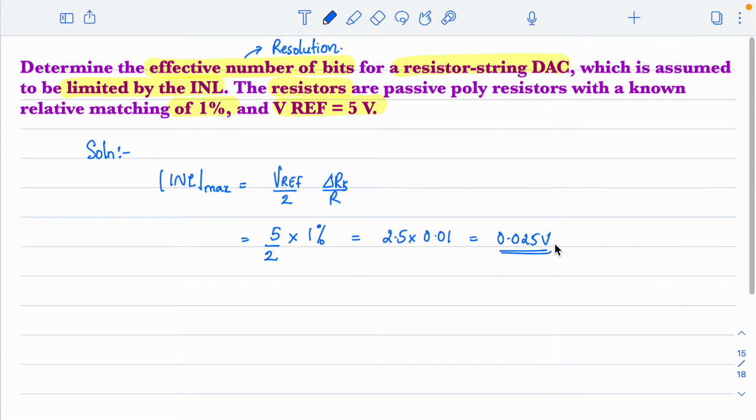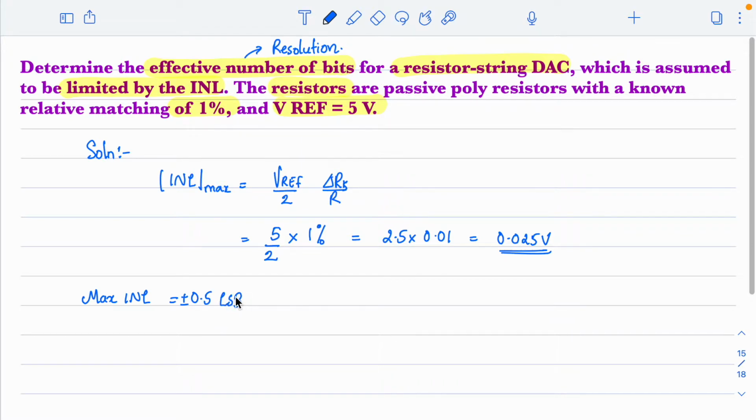Now what is the question? The question is to find the effective number of bits, or the resolution, of this DAC, which is limited by its INL, and the maximum INL we calculated from the worst case scenario is 0.025. For a DAC or ADC to be n bit accurate, the maximum INL should be equal to plus or minus 0.5 of LSB.